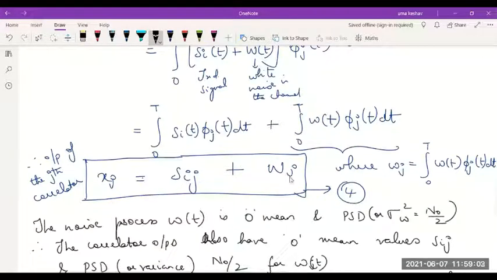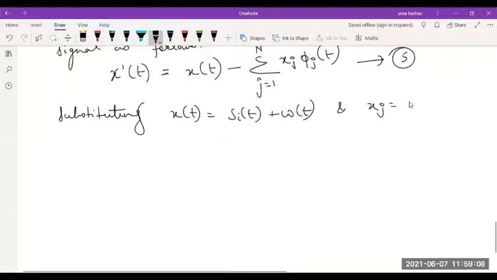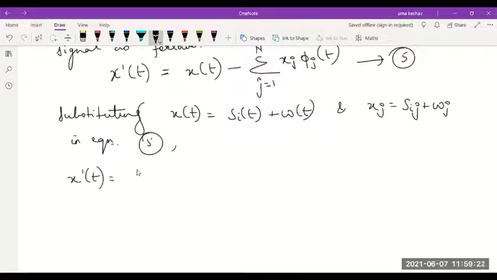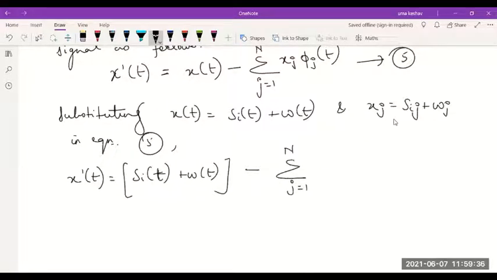It is the sum of Sij plus Wj. We have shown this in equation 4. Xj is the coefficient Sij plus a noise process Wj. In equation 5, what do I get? I get x dash of t is Si of t plus W of t, the first function. In place of x of t I am putting. Then here I have j is equal to 1 to n. For xj I am going to put Sij plus Wj into phi j of t.